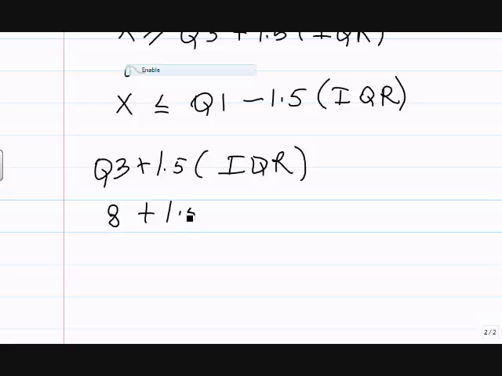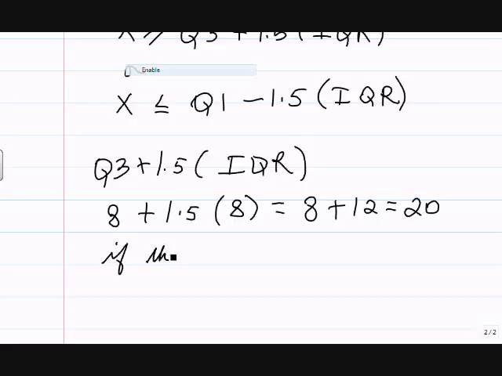Plus 1.5 times my IQR, which was also 8, I remember that, is 8 plus 12, is 20. So if I have a value in my data set that is greater than or equal to 20, it is an outlier.